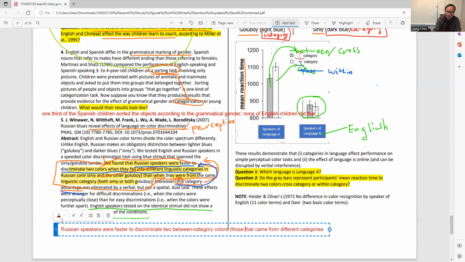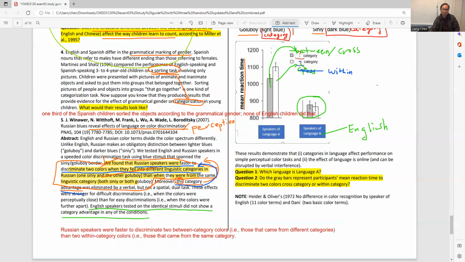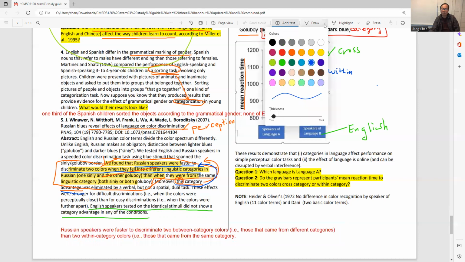Then to within category corners, that is those that come from the same category. So hopefully this makes it easier for you.